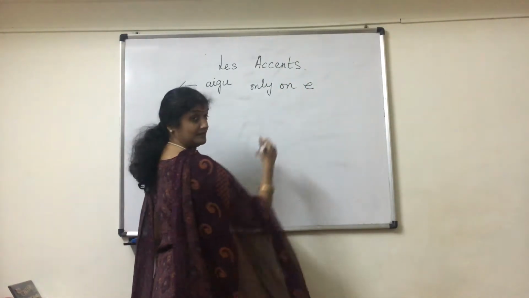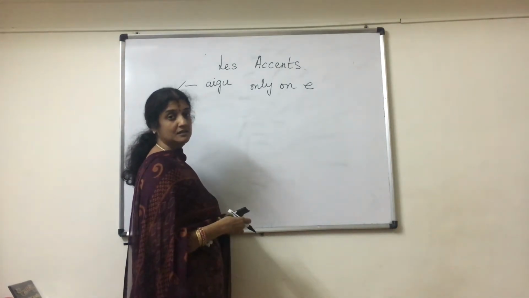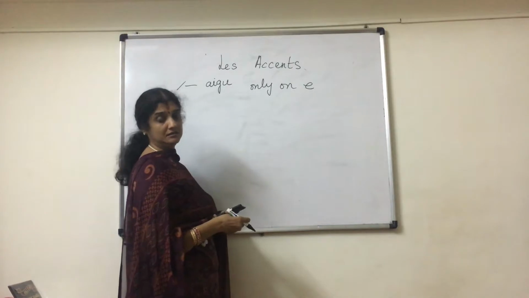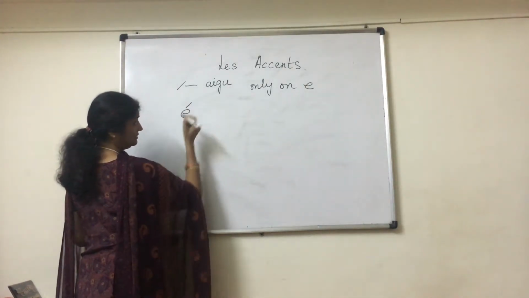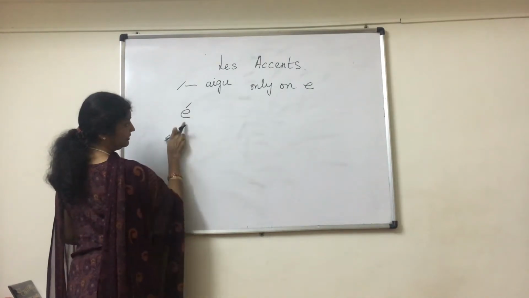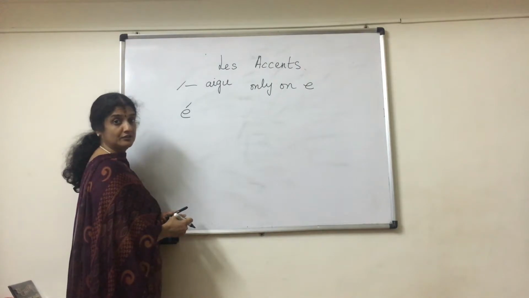This accent aigu is written only on the letter e. What is the pronunciation of this? This is e. So this is written only on e. Now when I write it on e, the pronunciation changes from e to é. There is no é in French.